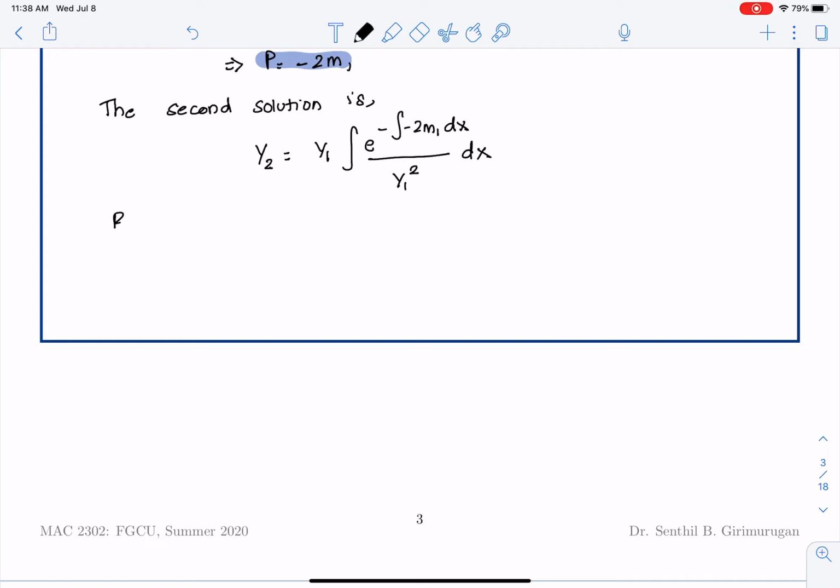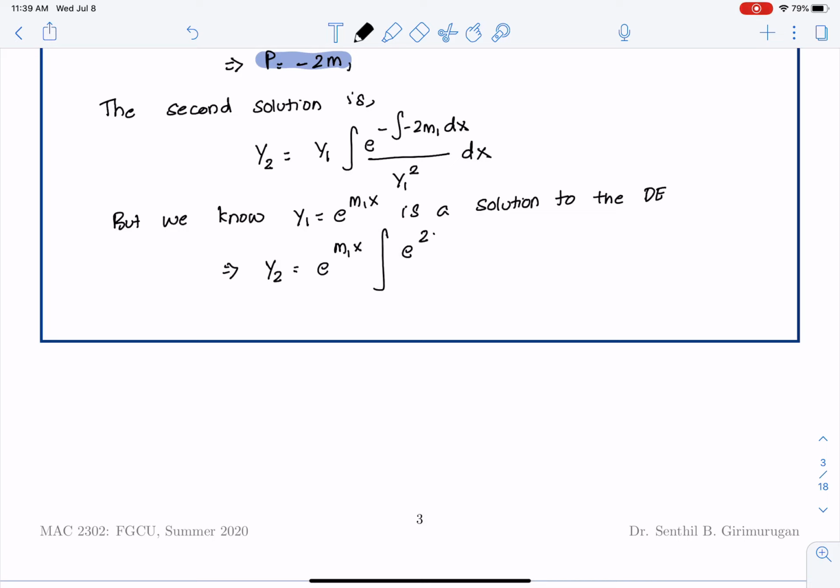But we know y1 equals e raised m1x is a solution to the DE. This would mean y2 would equal e raised m1x integral e raised 2m1 integral dx divided by e raised m1x squared dx.